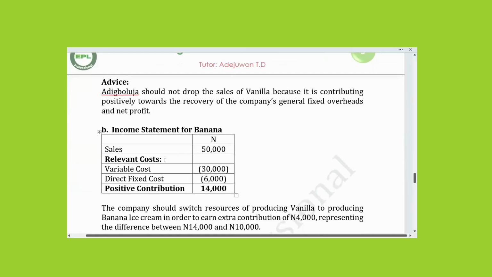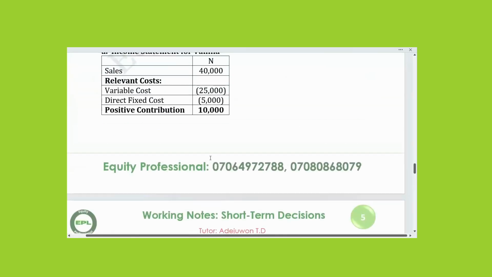You mean the qualitative factors? Yes, I'm saying that because both of them have produced positive contribution. Before we discontinue vanilla, I'm relating this B part to the qualitative factors, that it would take some time for customers to relate with this banana segment.